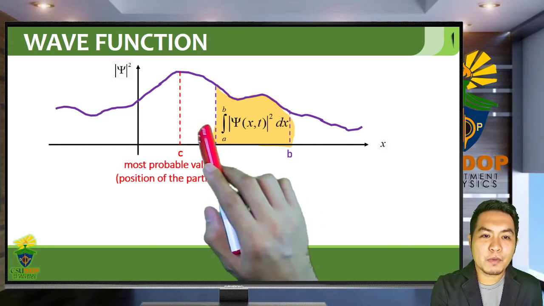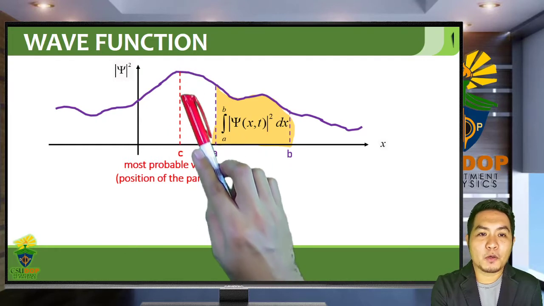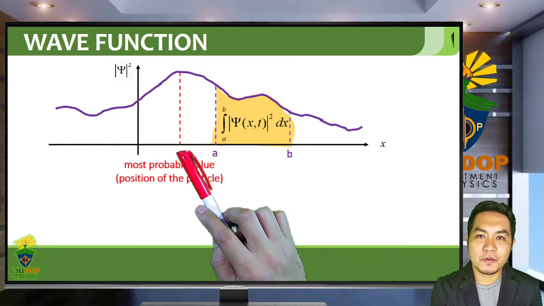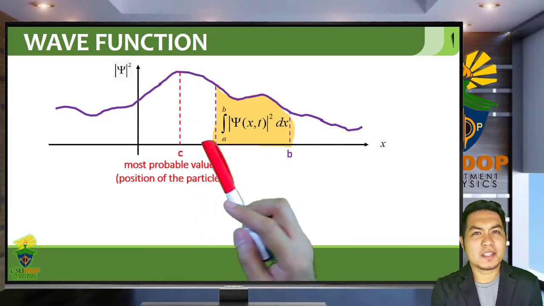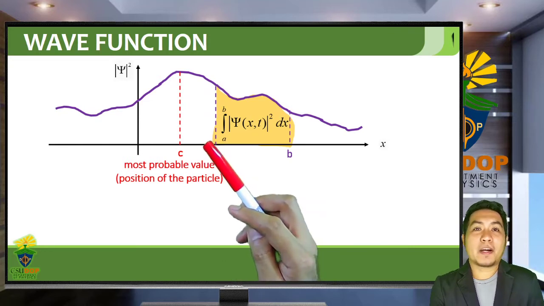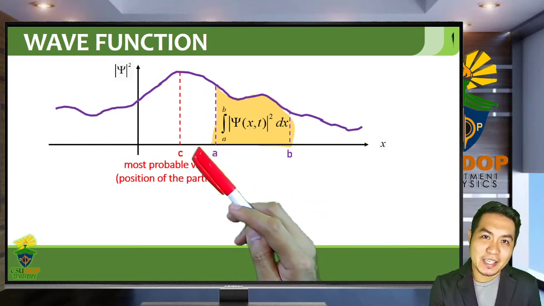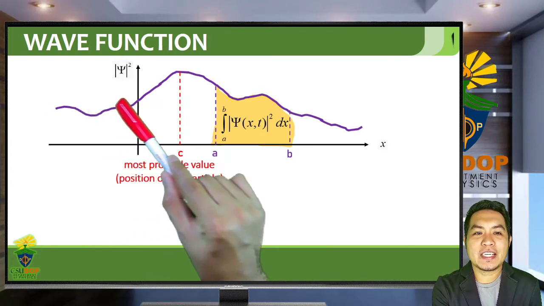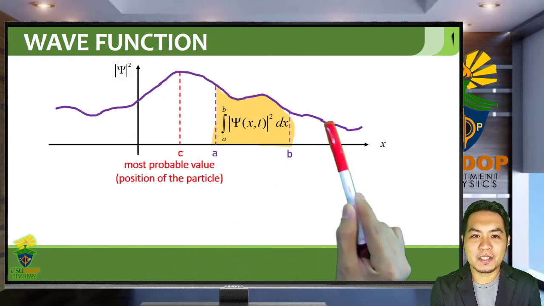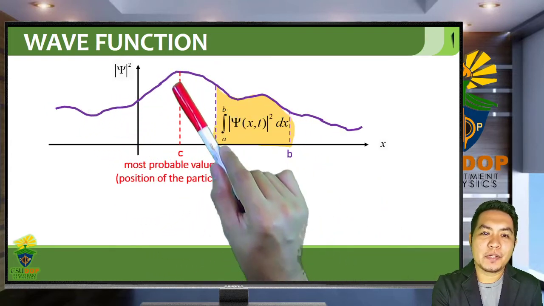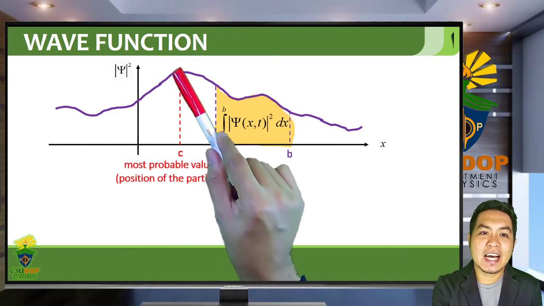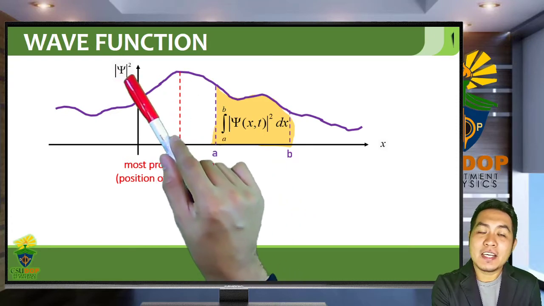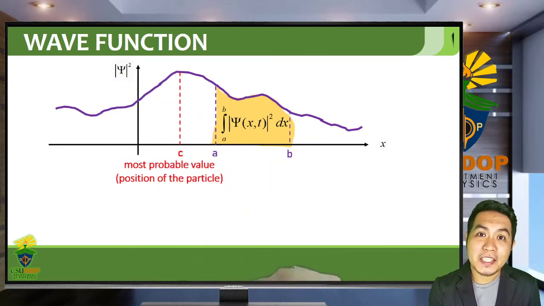So the most probable position of the particle will be at point C. If you are asked where the particle is most likely to be if its wave function is given as this one, your answer should be C, because that has the highest psi squared, or probability density, meaning it also has the highest probability.